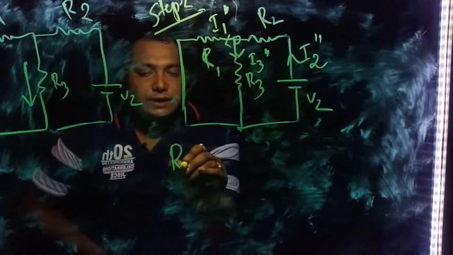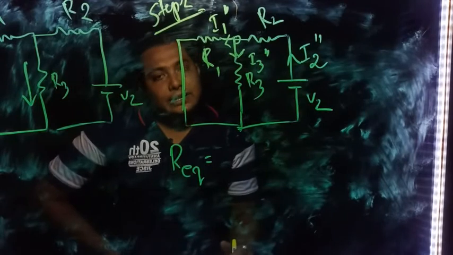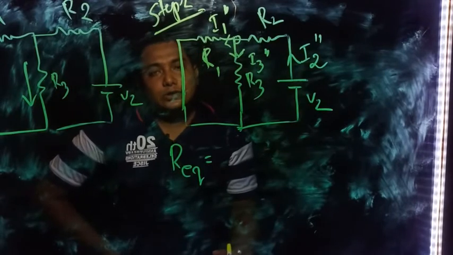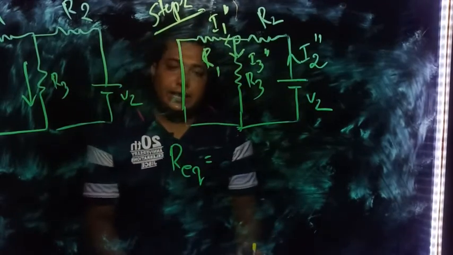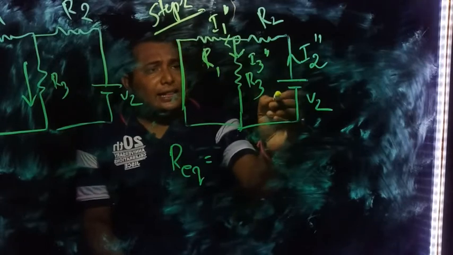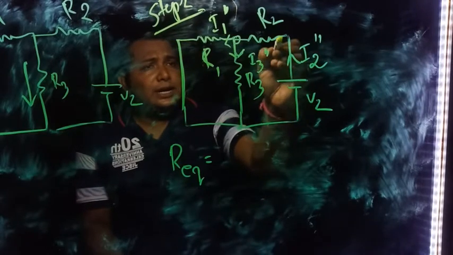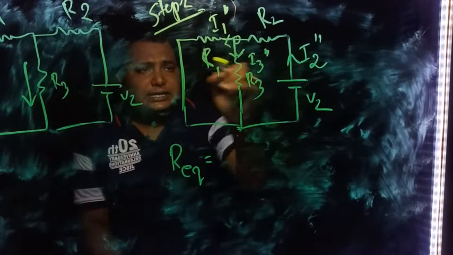So first we have to find out this one. What is this one? R equivalent. How to find this R equivalent? We have to find the series-parallel combination of the resistances over here. Let us see, the current is flowing through this, and at this node it is dividing between two.